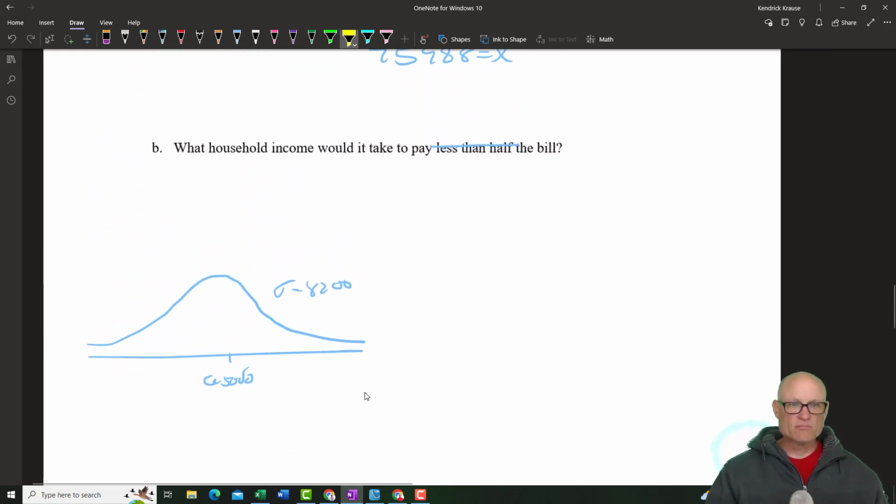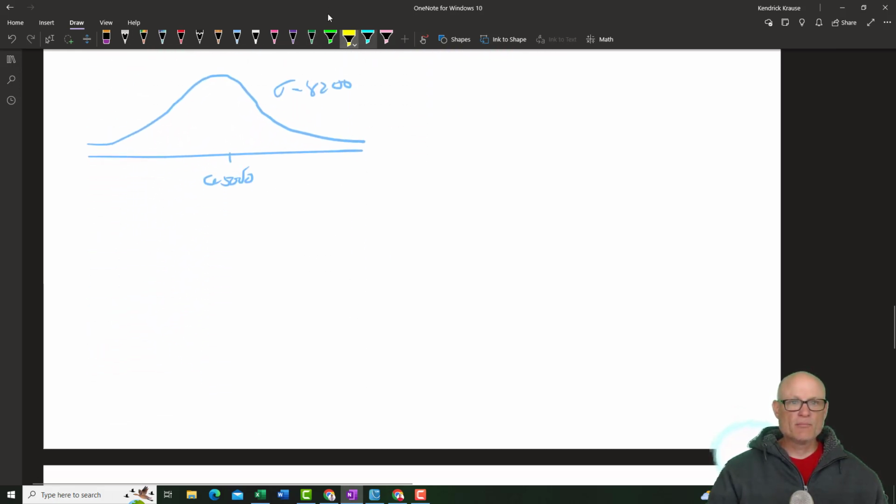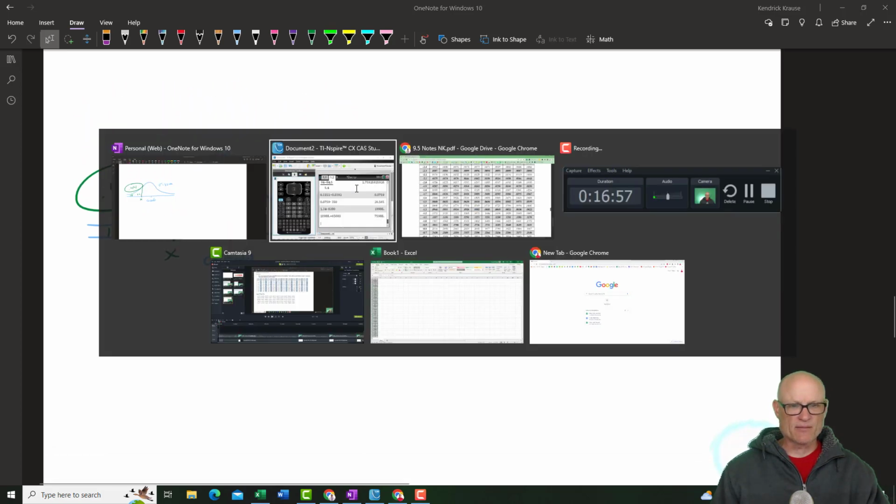So let's see. We got 15% and we got 29%. If I add those together, I get 44%. So this is 0.44. So the bottom 44% pay nothing or pay less than half.